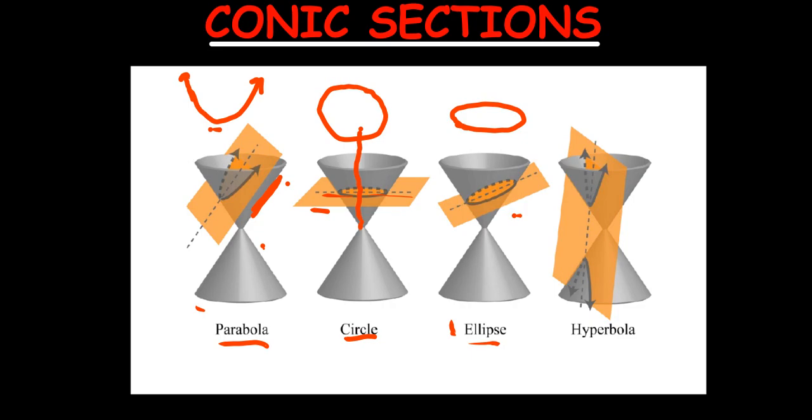Then at the end here, you have what you call a hyperbola. A hyperbola has these two shapes here. One faces down like this, then the other faces up like this.